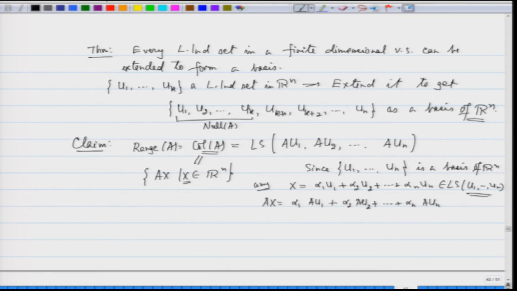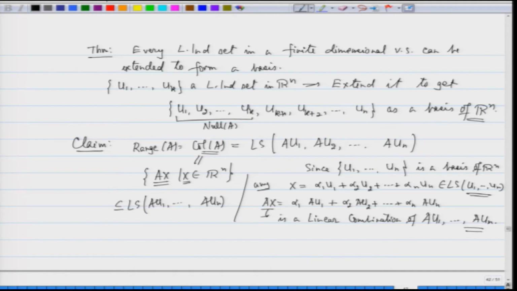So, basically what I am saying is that Ax is a linear combination of A of U1 till A of Un. Is that okay? So, each of them is being represented as such. Fine. So, any element Ax is a subset of the linear span of A of U1 till A of Un.